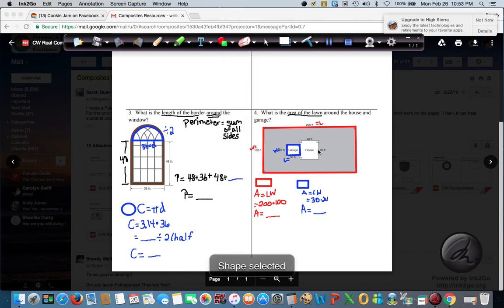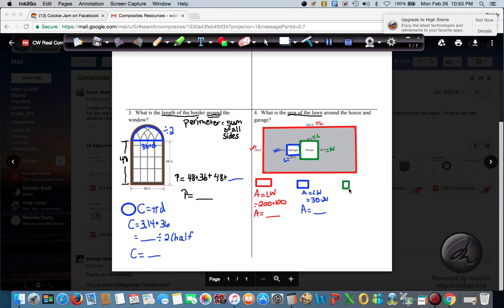We'll make this green, is the actual house, right? So we have, oh look, I can just do that. Life is easy. So we have our nice rectangle of our house, which in fact 40 by 40 looks to be a square. Now you can use the formula for a square, which is side squared, right? S squared. But because a square is just a rectangle with the same sides, to be honest, I would just use length times width.